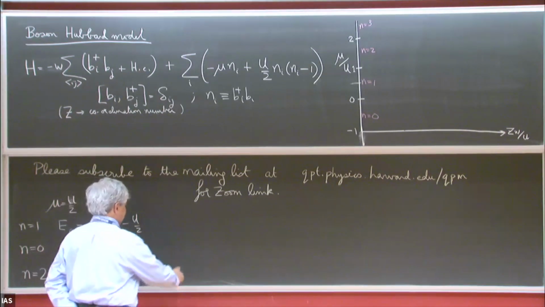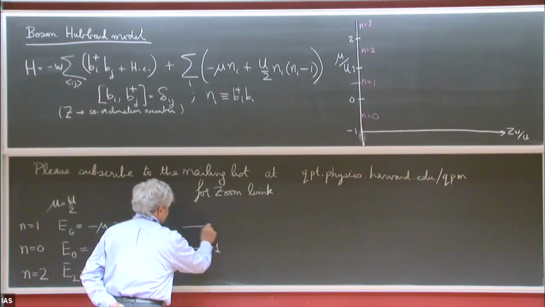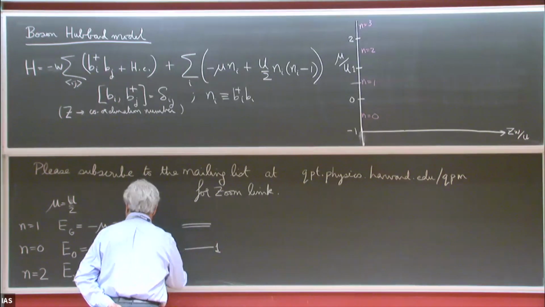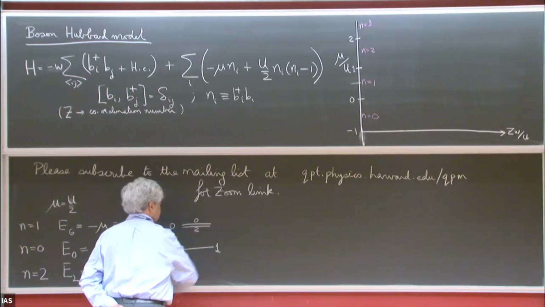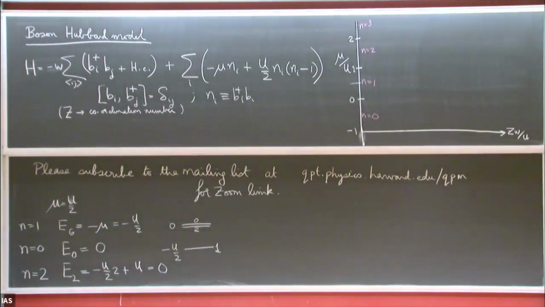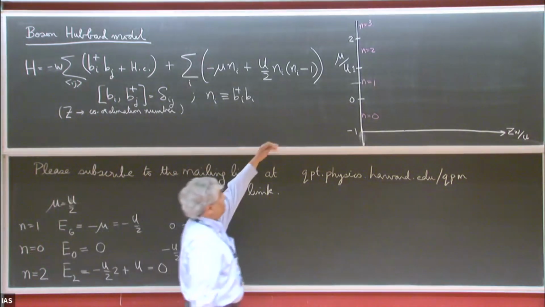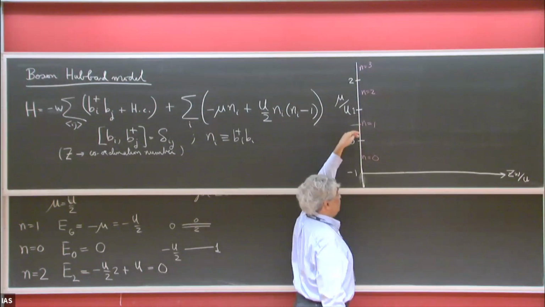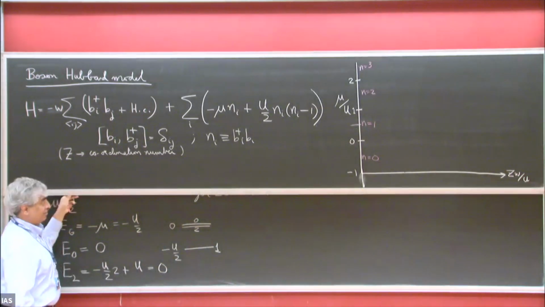So if I look at the energy level diagram, there is a state with one particle at the bottom, and there are two states which exactly at mu equals 1/2 have energy 0. So this is minus u over 2, and these are 0. And this is n equals 0 and n equals 2. Okay, the fact that they're exactly degenerate is a special feature of the fact that I was exactly in the halfway, but I could be actually even away from that. And this won't be very crucial to what I talk about.